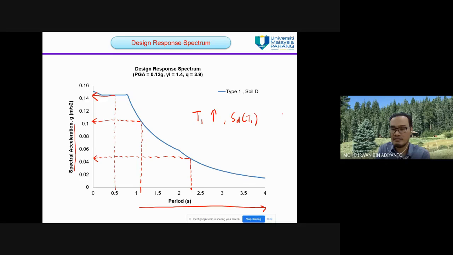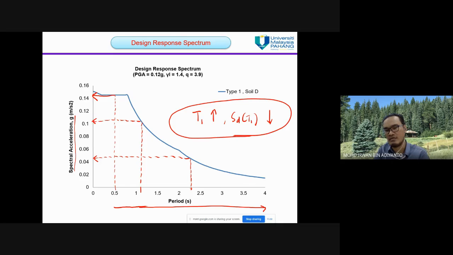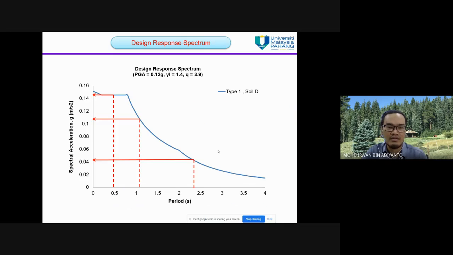Bila fundamental period of vibration ni semakin meningkat, apa jadi pada spectral accelerations ni? Dia meningkat atau menurun? Menurun. Yes, it decreases. This is one of our conclusions for today's lesson. This is the exact sketch.